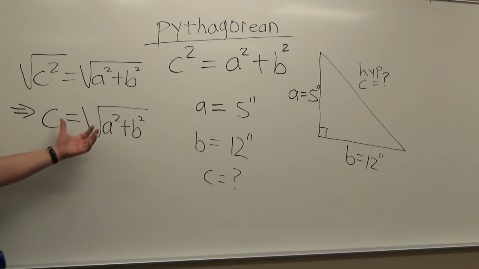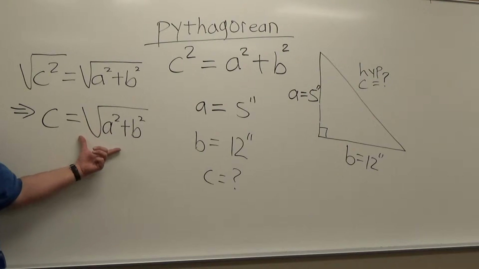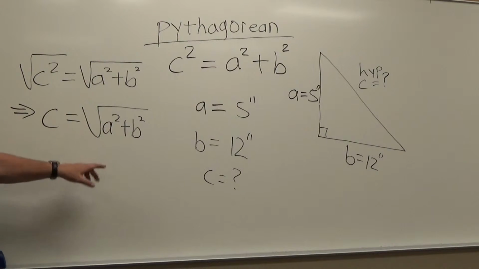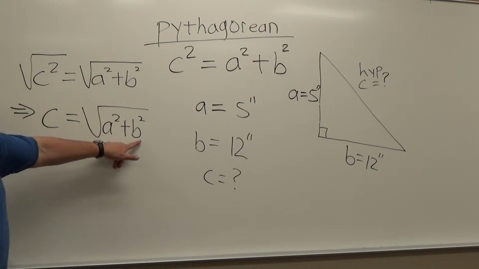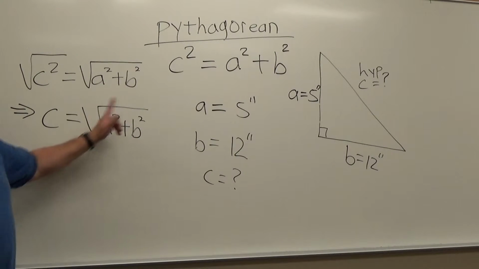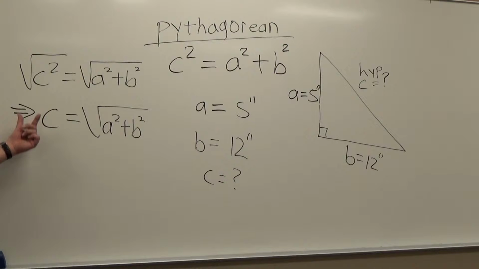I would like you to use this form of the Pythagorean theorem when you're trying to solve, and only when you're trying to solve for what side? The hypotenuse. Very good. Whenever you're asked to find the hypotenuse, use this form and just plug your A and B values right in here, square them, add them together, and take the square root, and that will give you your hypotenuse directly.